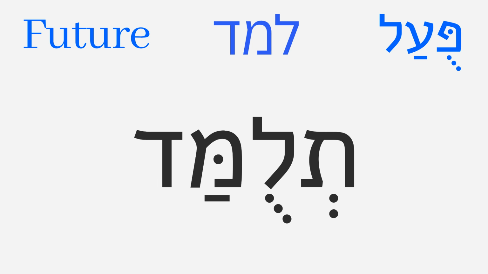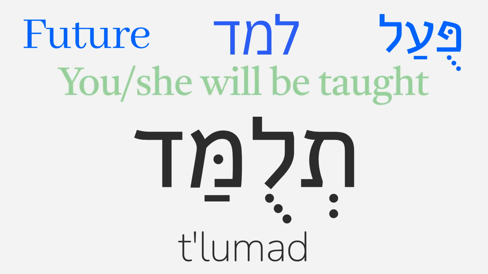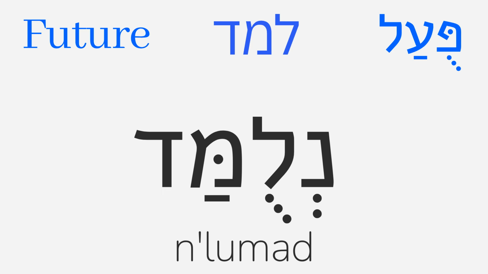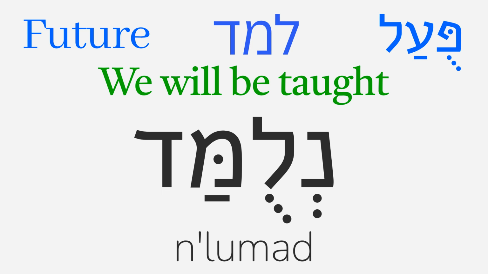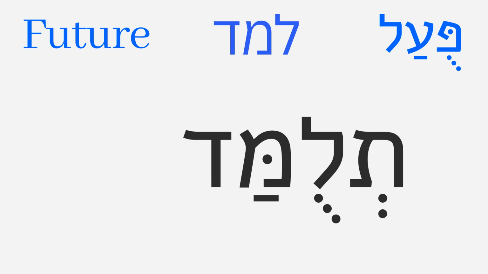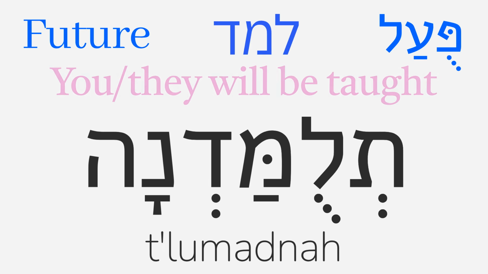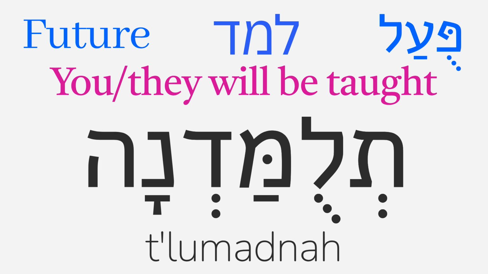With a tav prefix, we make talumad, you will be taught, masculine singular, or she will be taught. With a yod prefix, we make yalumad, he will be taught. And with a nun prefix, nalumad, we will be taught. Taking talumad, we can add na to make talumadna, you will be taught feminine plural, or they will be taught in feminine form.